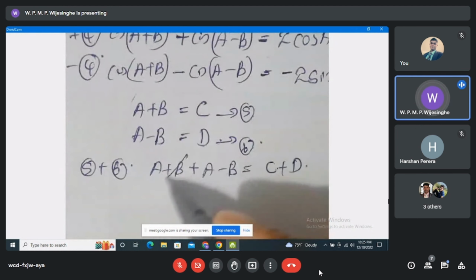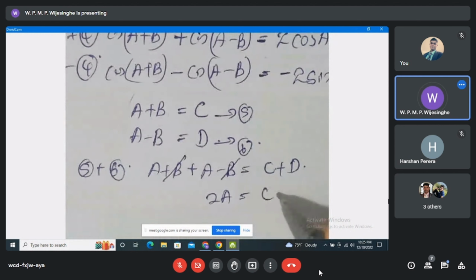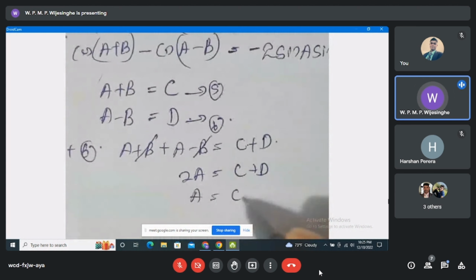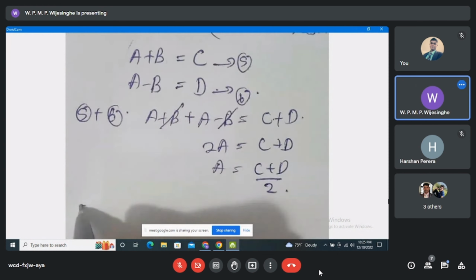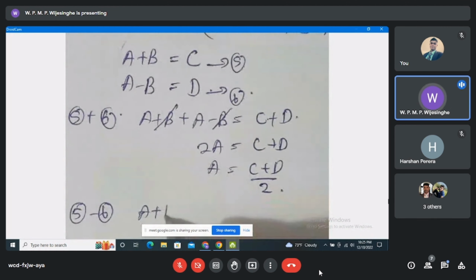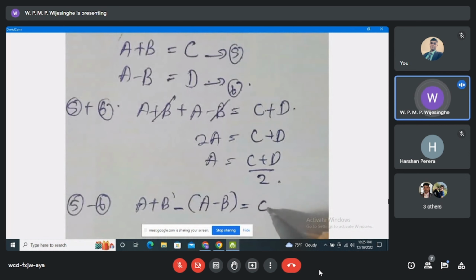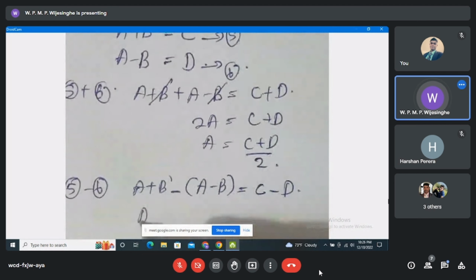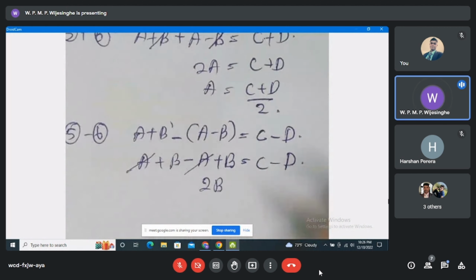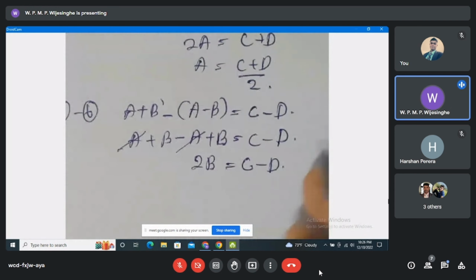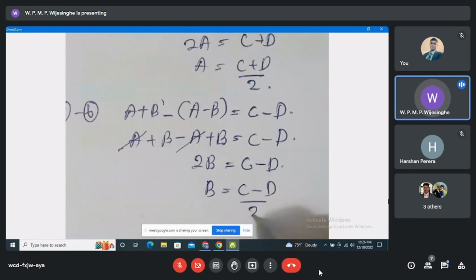Okay, this one cancels. 2A is equal to C plus D. Then A means C plus D divided by 2. Another one, 5 minus 6, I will get A plus B minus A minus B, right? Then on the right hand side, C minus D. Remove the bracket, A plus B minus A plus B. Here C minus D. This one cancels, it is 2B equals C minus D. Divide by 2, it is C minus D divided by 2.